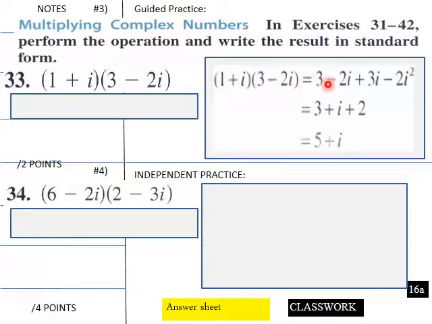We have 3 - 2i, and then 3i minus 2i squared. Then this becomes 3 + i, because negative 2i and 3i would be i, and negative 2 times negative 1 will be positive 2. Combine like terms, and we get 5 + i.